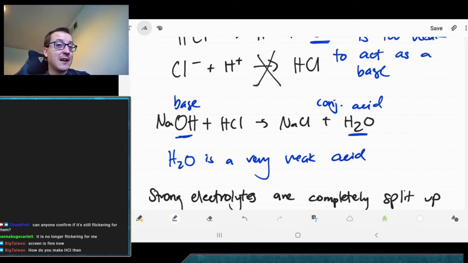We're going to see just how weak in a little bit. But first off, just understand that the conjugates of things that we call strong are very weak. So NaOH is a strong base. It has a very weak conjugate acid. And so you're not going to see this reaction go in reverse. You're not going to take salt water and get HCl and sodium hydroxide out of it. It's one directional only.